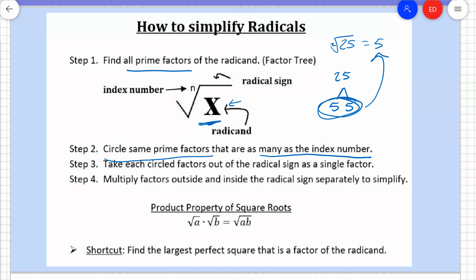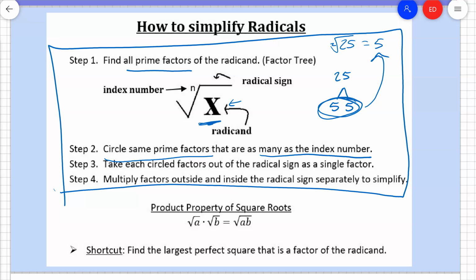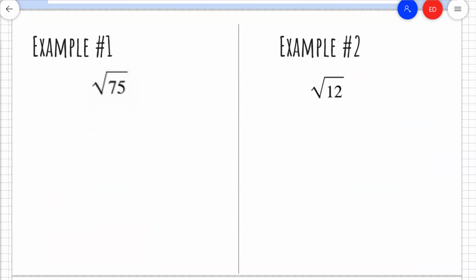So whatever's left over, a remainder, stays inside the radicand. So these are the steps that we're going to follow today on simplifying a radical. We're not going to talk too much today about product property, but you will use that next year in Algebra 2. So let's go ahead and take a look at some examples.